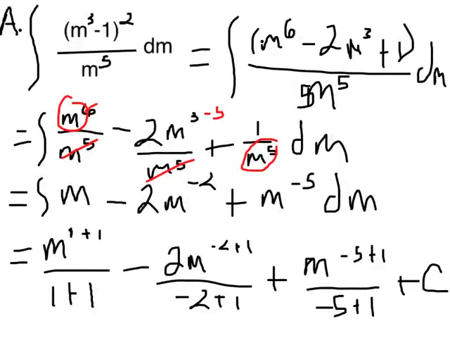This plus c is very important here because it means that you're always adding a constant, which means that the antiderivative is correct in all areas.